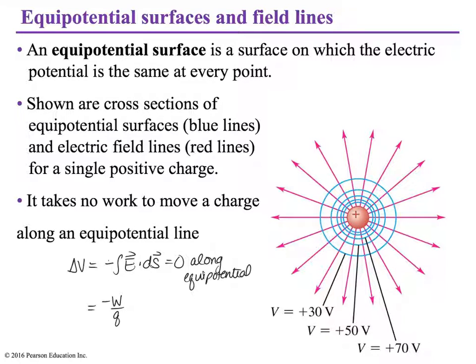And so we're also saying that it doesn't take any work to move a charge along an equipotential line. If we use the analogy of a hill, moving along an equipotential line is sort of like an object moving along a level surface. It doesn't really take any work to make it go anywhere. That's a loose analogy.